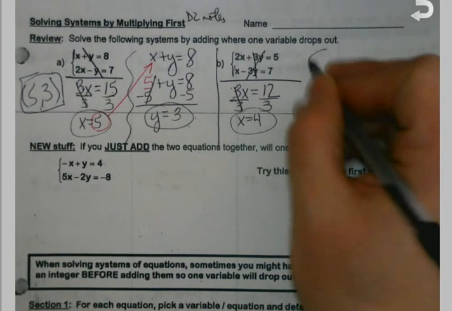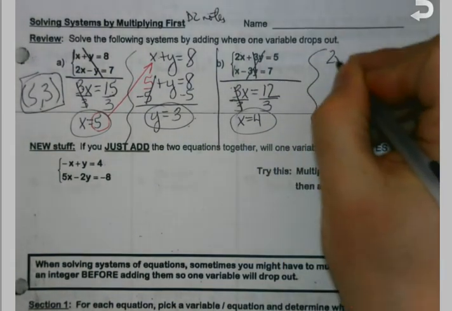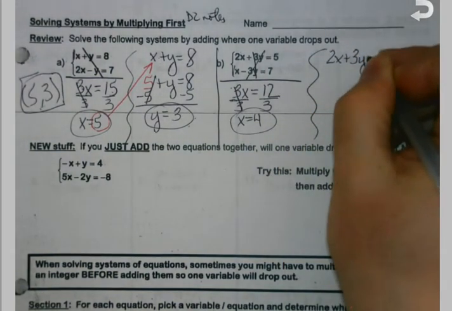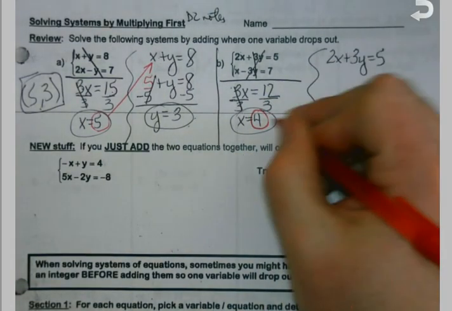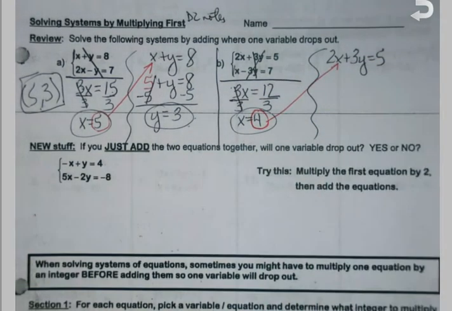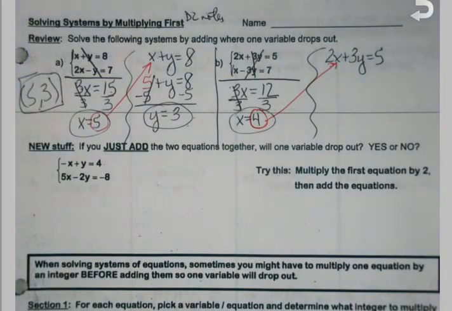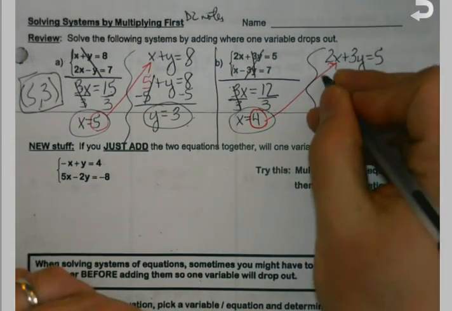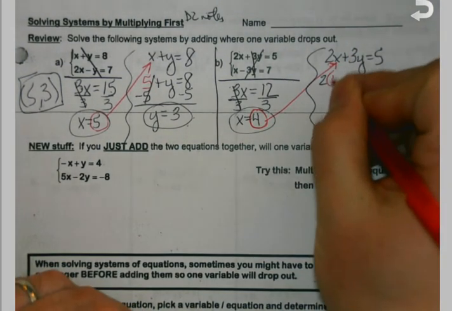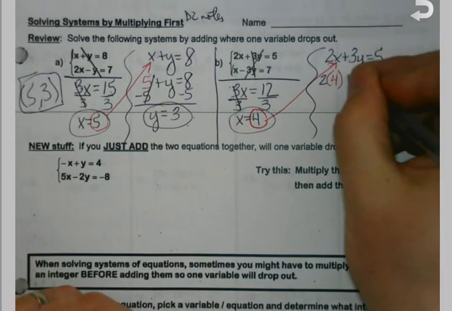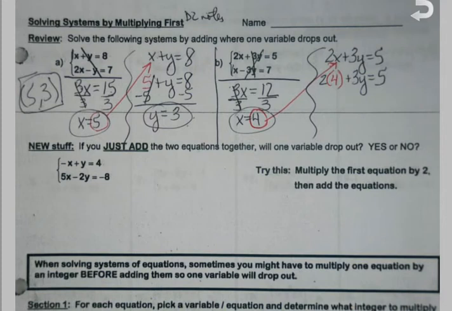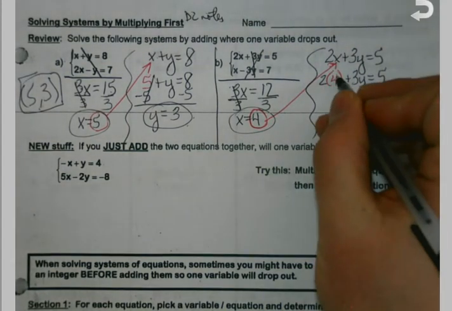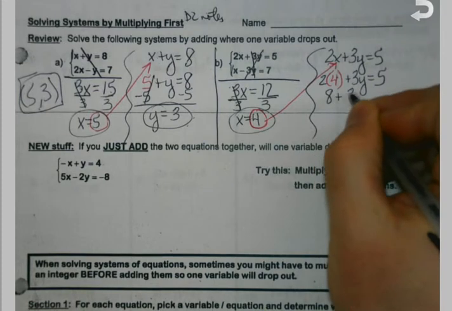And then, like I said, I'm going to just keep using the top one here. So once I have my, in this case, x, I'm going to plug that in for the x in the other one. Noticing, though, that I don't get rid of the 2. Two times 4 is 8.